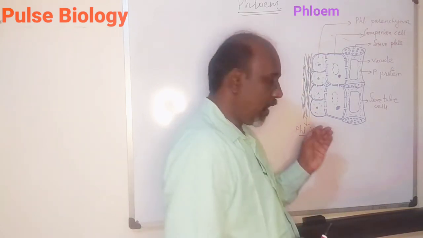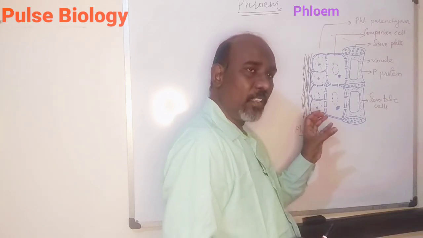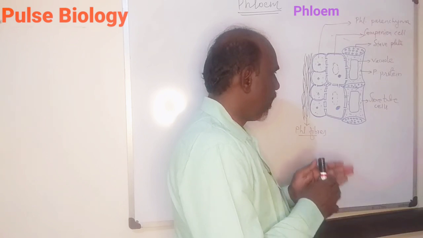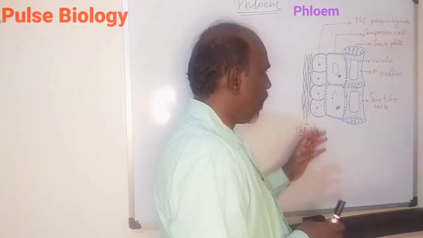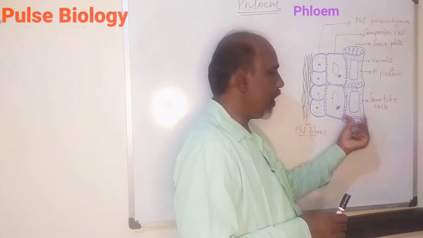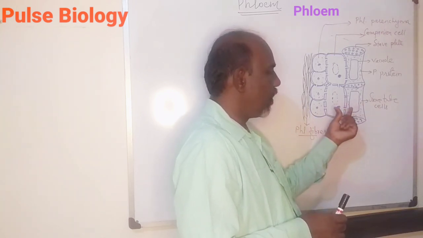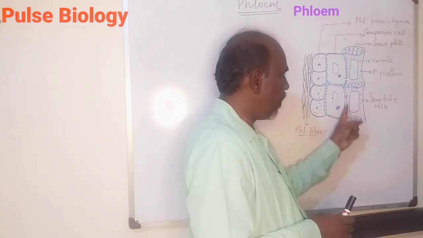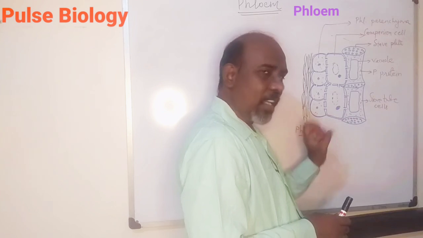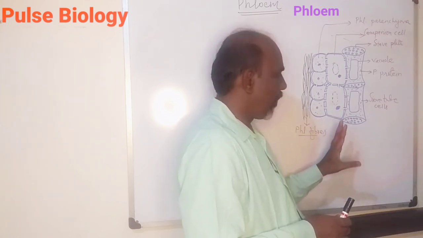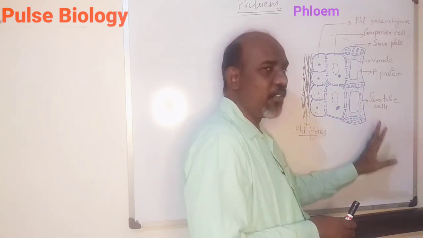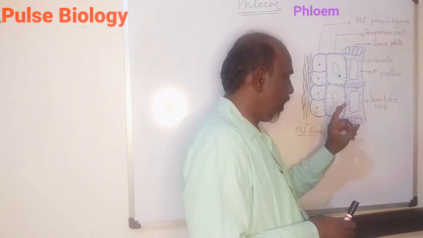In the beginning it had a nucleus, afterward during differentiation the nucleus is withdrawn or lost during development, and therefore this cell has other cell organelles, a very large centrally placed vacuole, and the rest of the cytoplasm, but no nucleus. So this is a living cell but non-nucleated or enucleated.